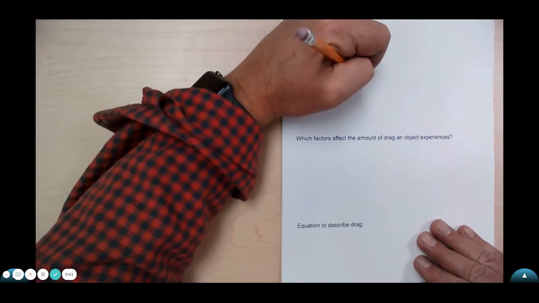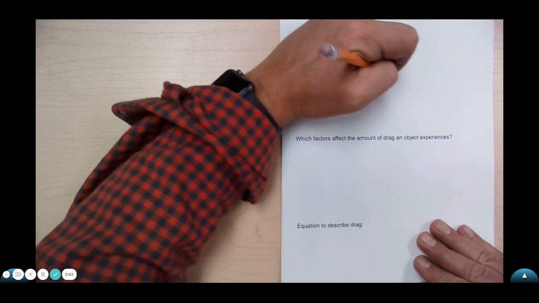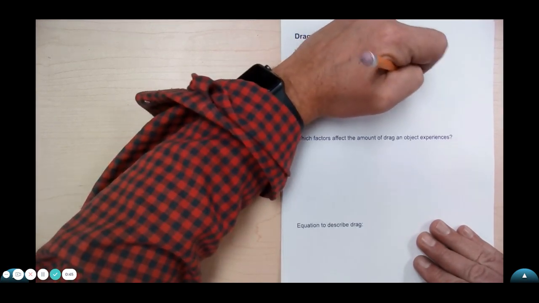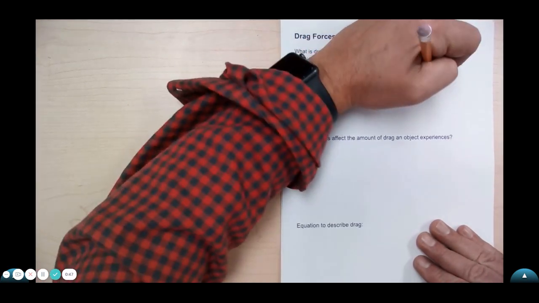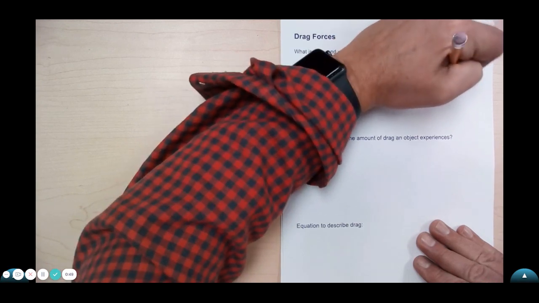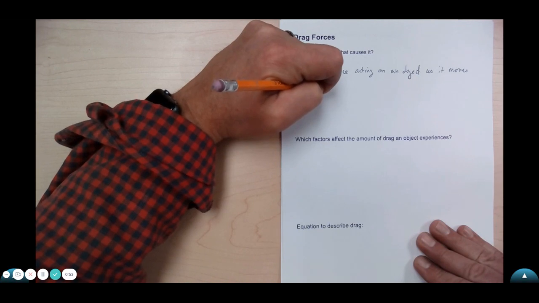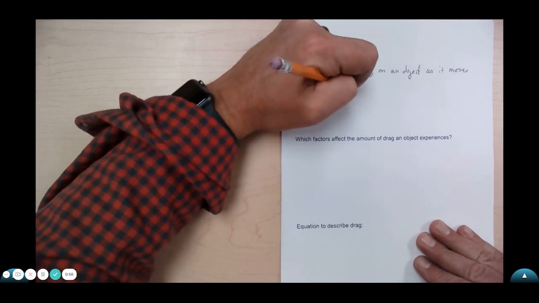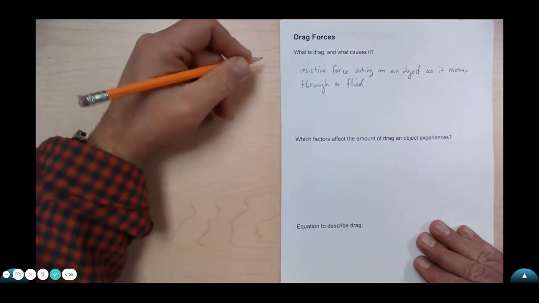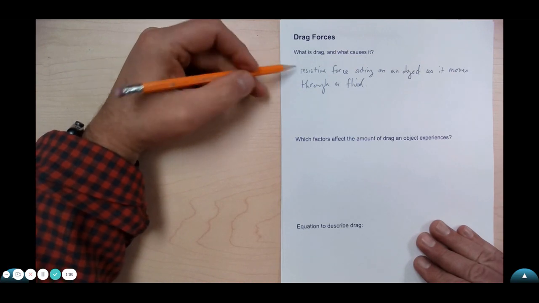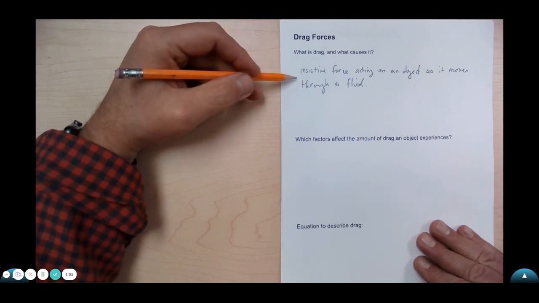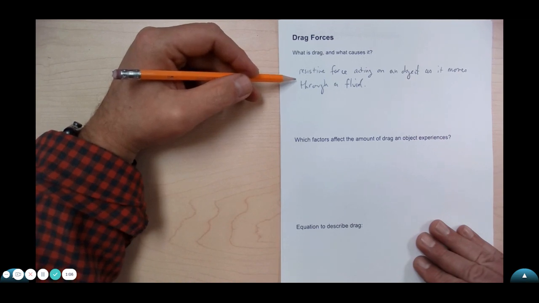Resistive force acting on an object as it moves through a fluid. Now, when I say fluid, I don't necessarily mean a liquid because anything that's non-solid is technically considered to be a fluid.